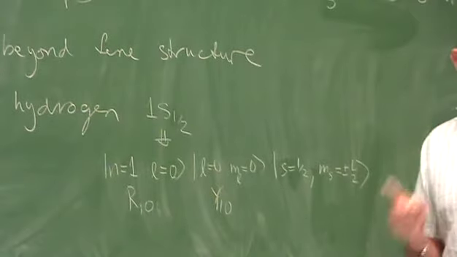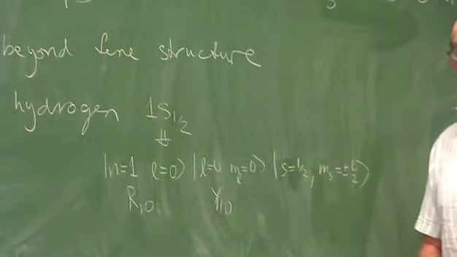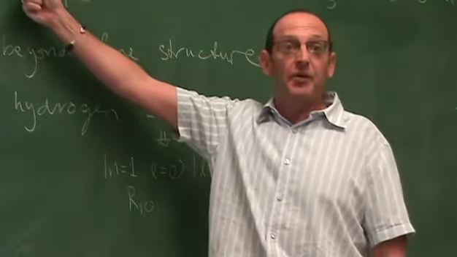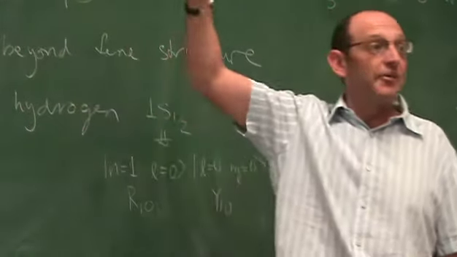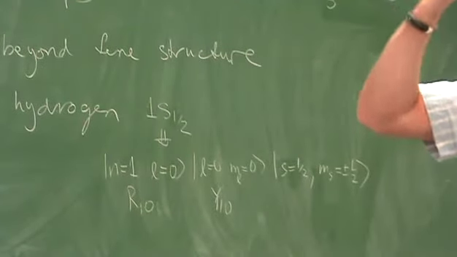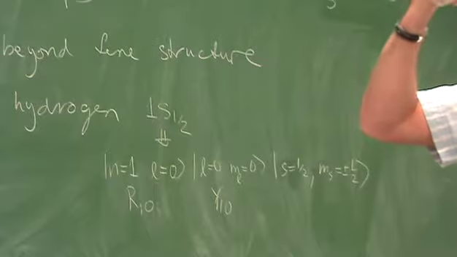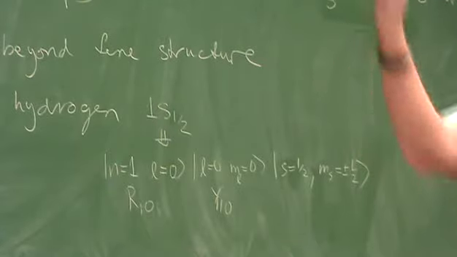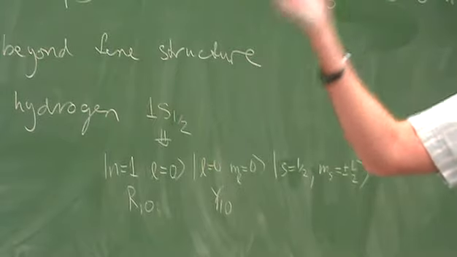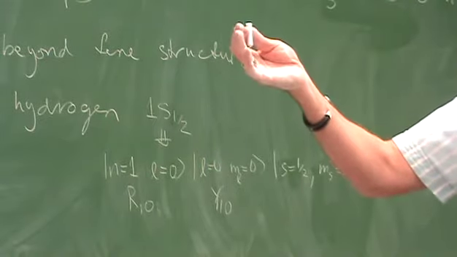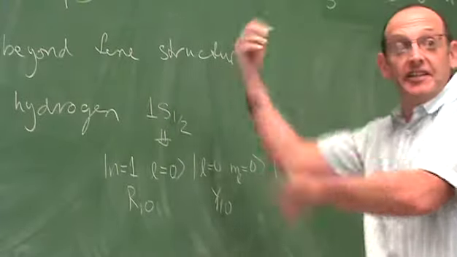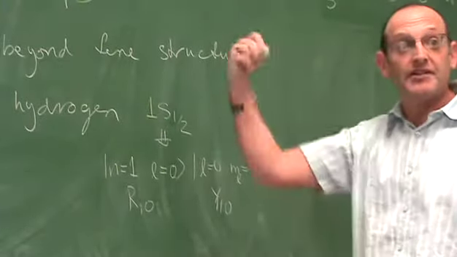However, now there's extra degeneracy beyond the spin of the electron, because now we have the spin of the proton. All of those states, all of the fine structure states, without thinking about how the nucleus affected anything, were doubly degenerate, because there was a nuclear spin up and a nuclear spin down, and the energy was completely independent of those two states. But now we're going to think about how the energy changes depending upon whether the nuclear spin is up or down.